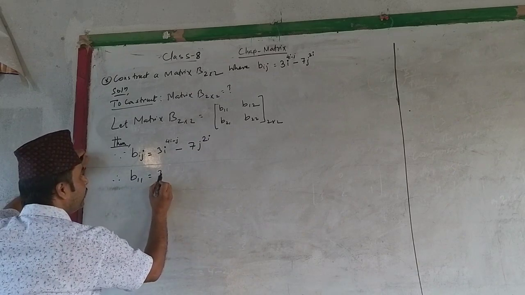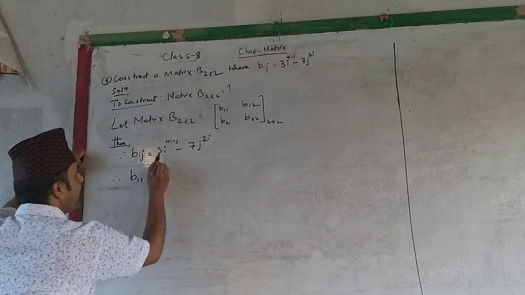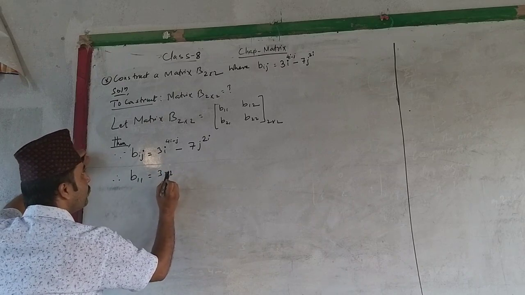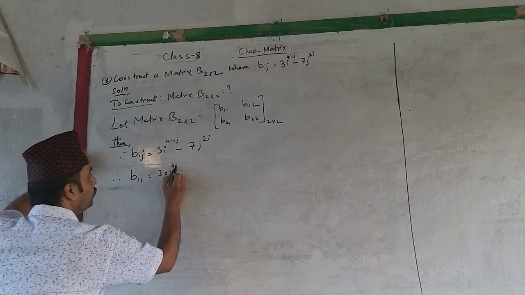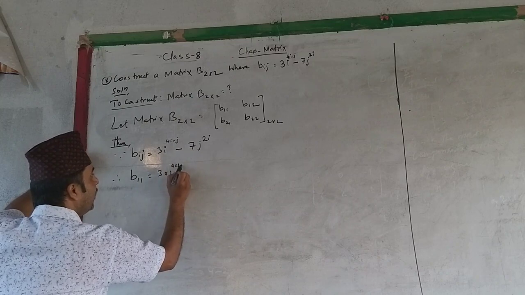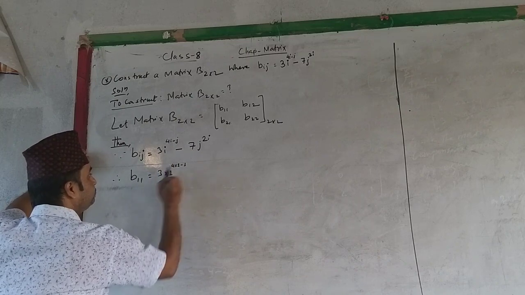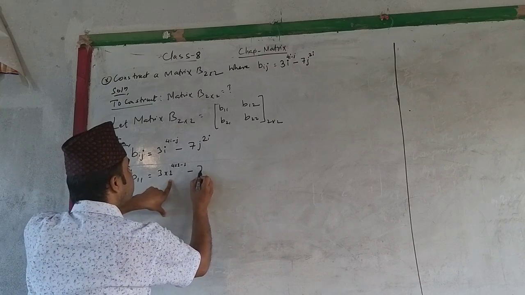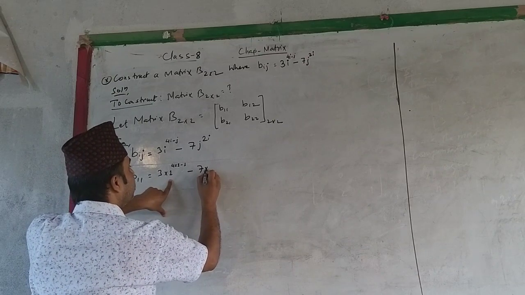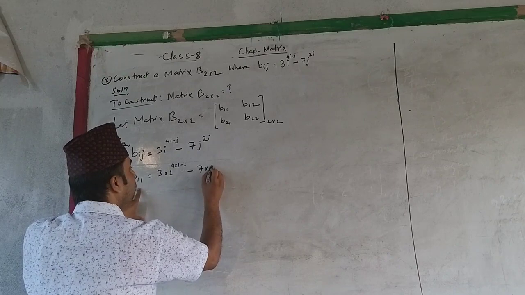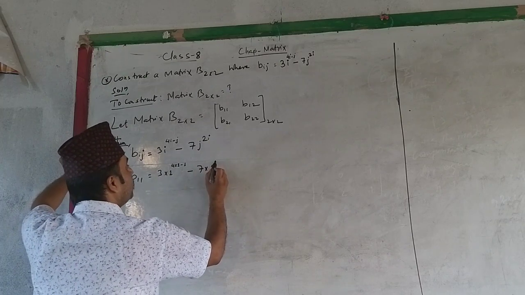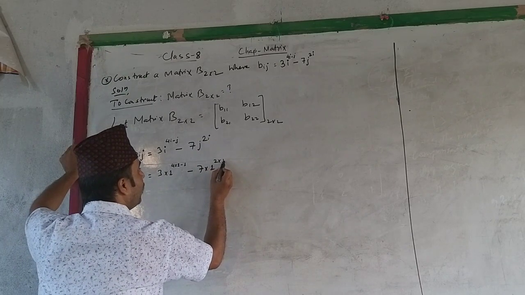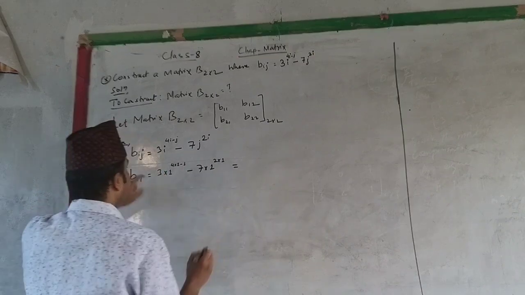Let us put the value. 3 to the power 4 into i, where i is 1, and j is also 1, minus 7 into j is 1, 1 to the power 2 into 1.